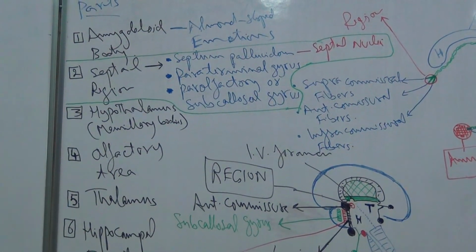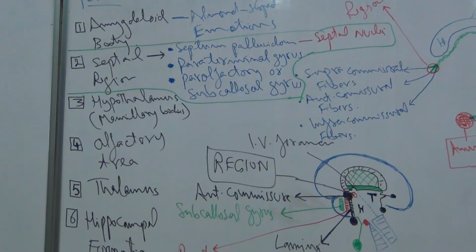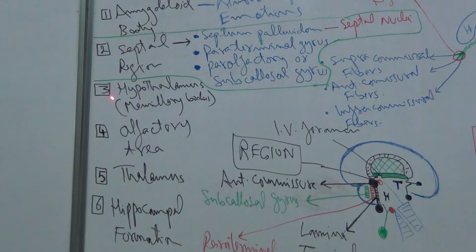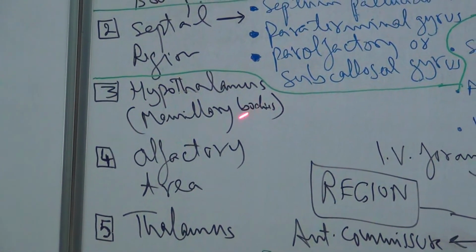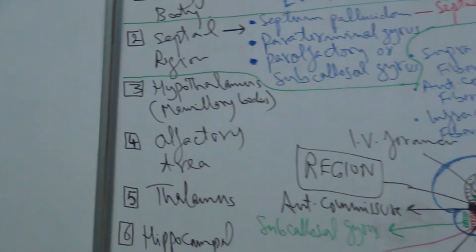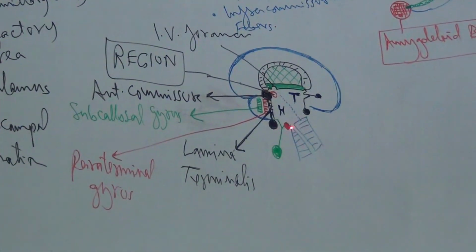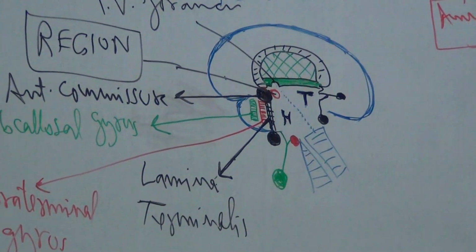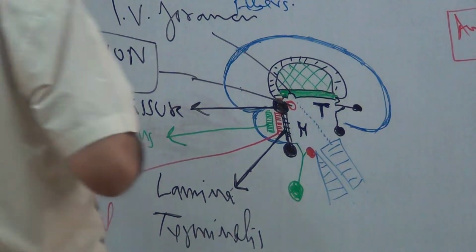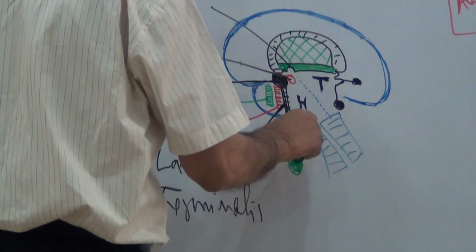Next important part is the hypothalamus. The portion of the hypothalamus mainly concerned with the limbic system are the mammillary bodies, which are two rounded elevations located on the inferior surface of the cerebrum behind, posterior to the tuber cinereum.